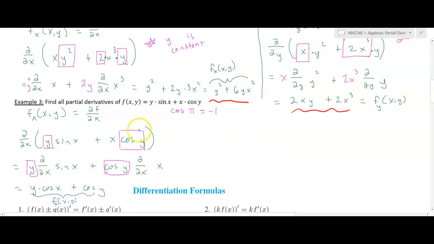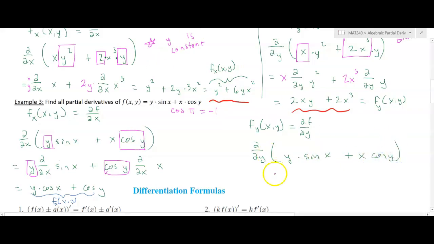And now we're going to repeat this same process, but we're going to apply it now to f sub y of x comma y. So the derivative of f of x y with respect to y, just df dy. And so now we're going to take the derivative of the same expression. And now anything that contains an x is going to be a constant.